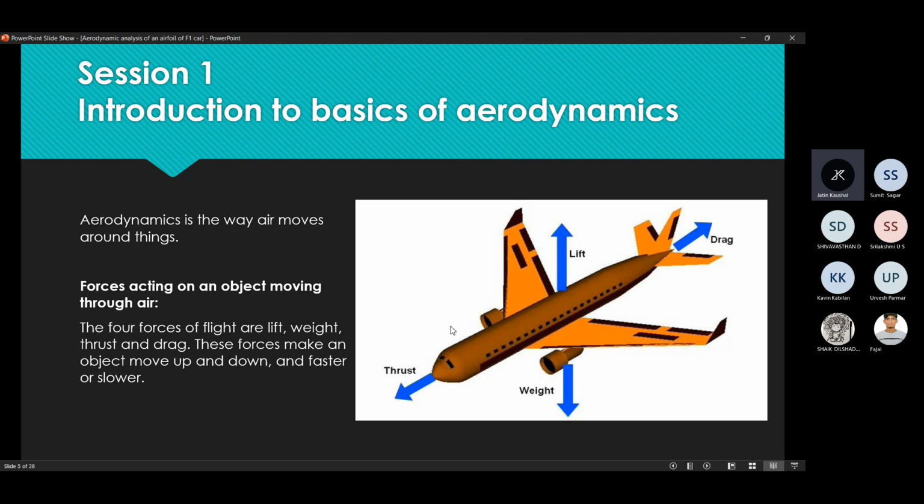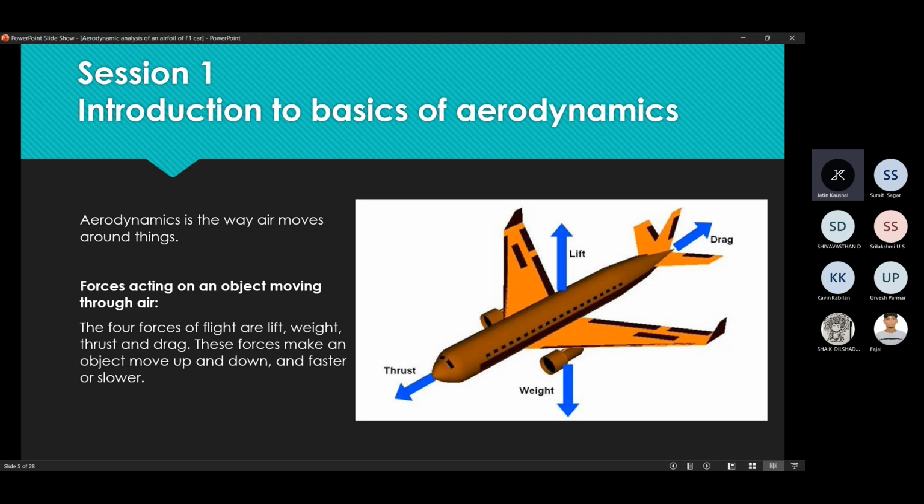For this SMP, we'll be dealing with an aircraft to learn, because it is the easiest example to understand the basics of aerodynamics. For a simple geometry and for our level of understanding, only four forces act on a body when it is in air.